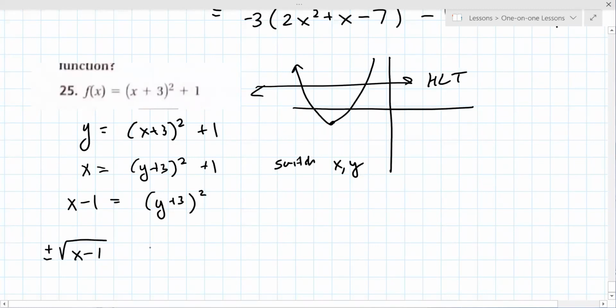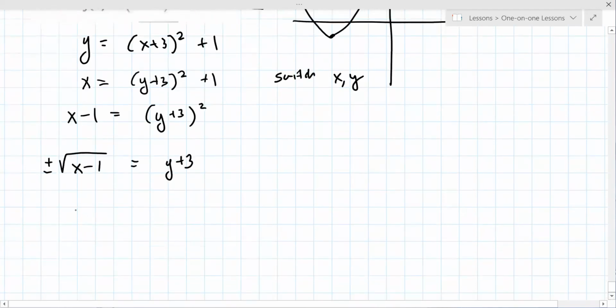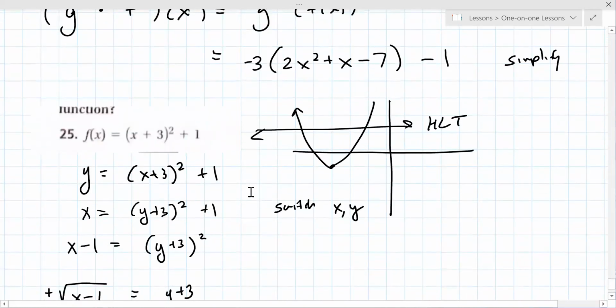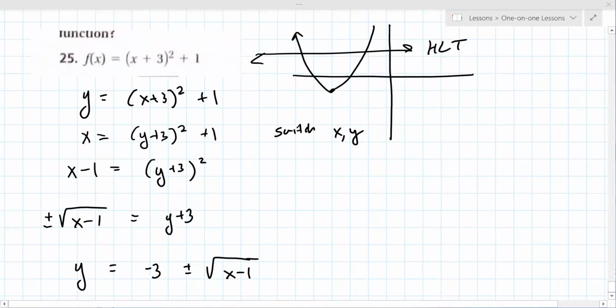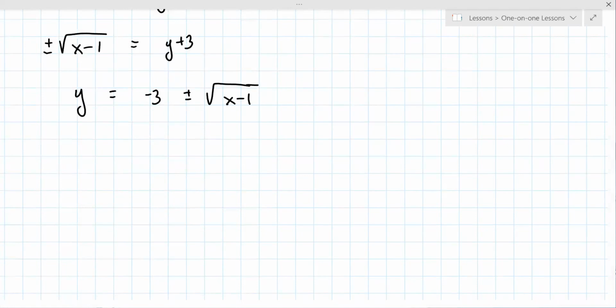It's actually plus or minus. And when you subtract 3, you get negative 3 plus or minus square root of x minus 1. The reason you get this plus or minus is because the original did not pass the horizontal line test. I don't really know what to tell you there. And if your exam is tomorrow, try to get that answered before the test. I don't really know what the instructor wants there.